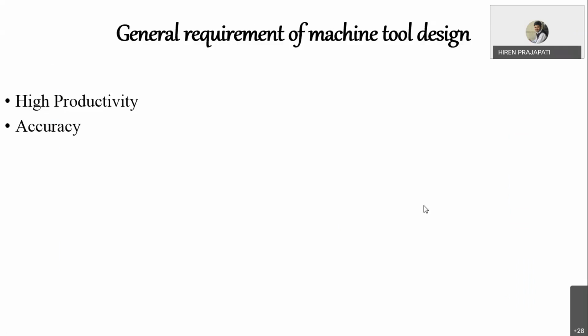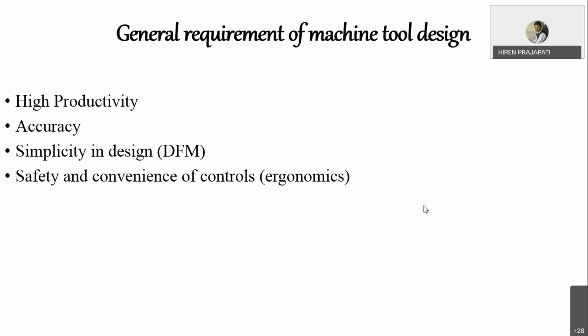We are more concerned about the accuracy of the component manufactured on the machine tool, and that's why we design machine tool components based on rigidity criteria, so that due to the cutting forces, only a small amount of deflection takes place in all the components of the machine tool. Then simplicity in design, right? Safety and convenience of control.